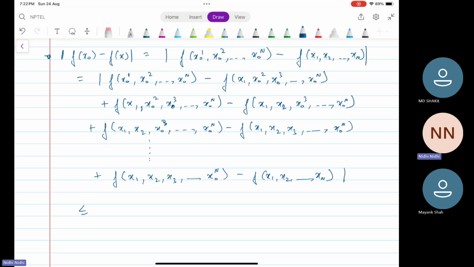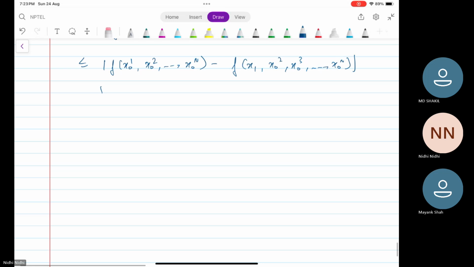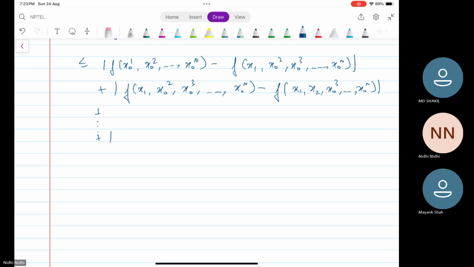So this is less than or equal to the modulus of f(x naught 1, x naught 2, up to x naught n) minus f(x1, x naught 2, up to x naught n), plus the next difference, and so on, because the rest of the terms are the same.